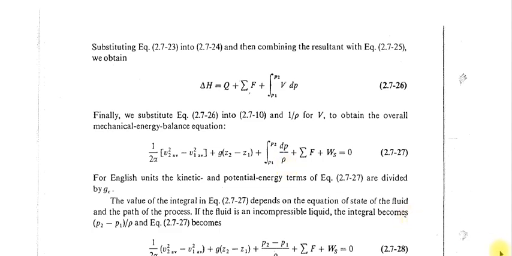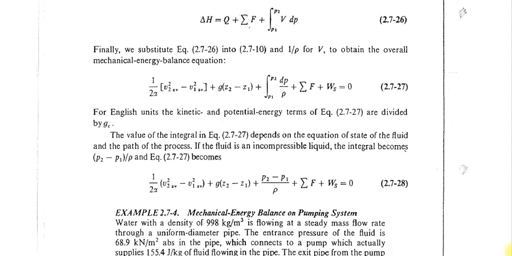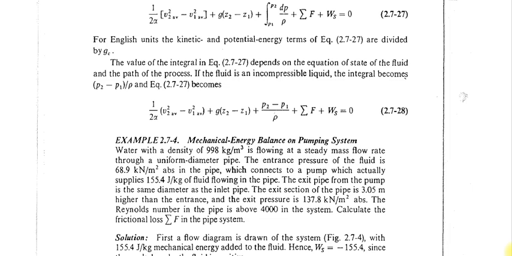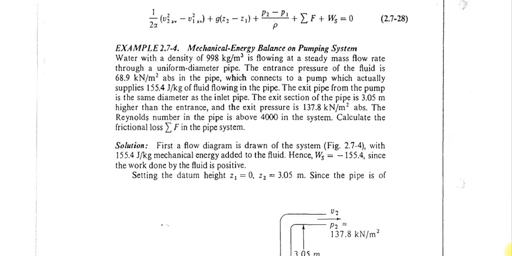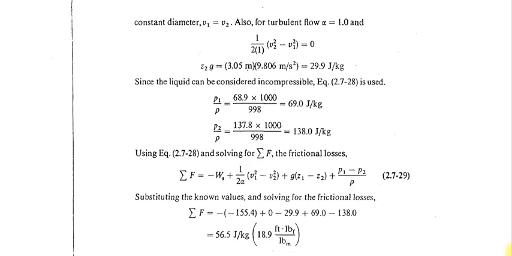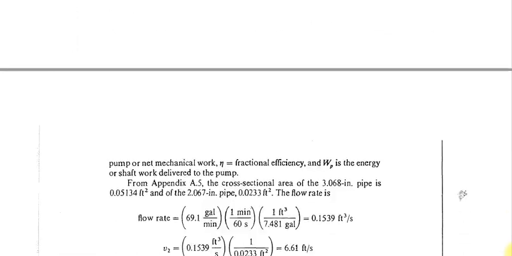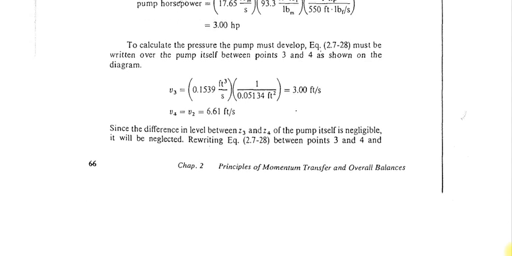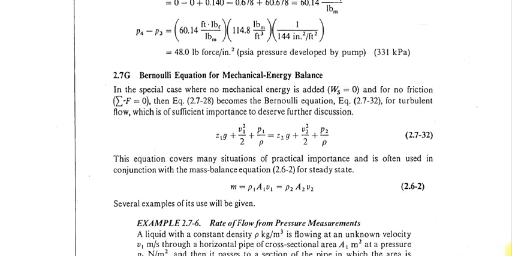Now if we are assuming that friction losses are zero, that mechanical energy is not converting into thermal energy at all, then you can consider sigma F equal to 0.